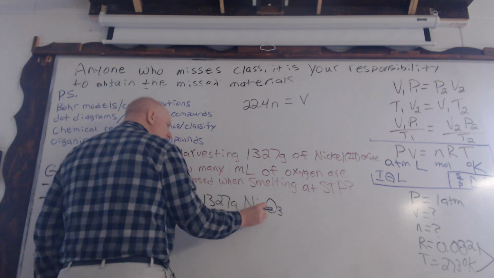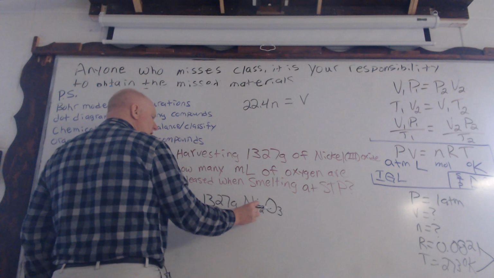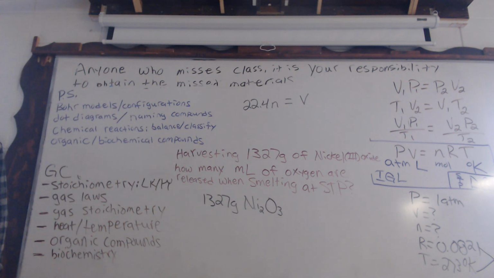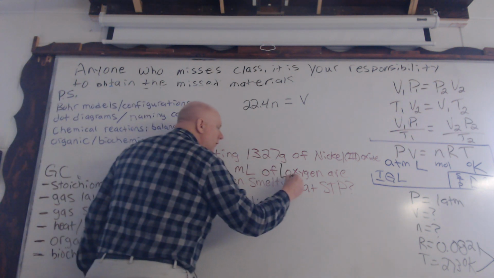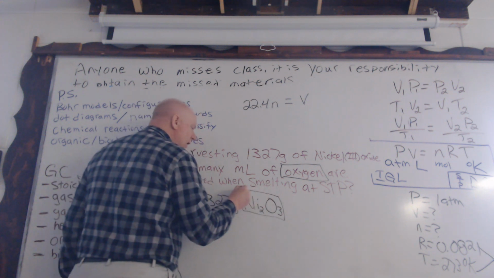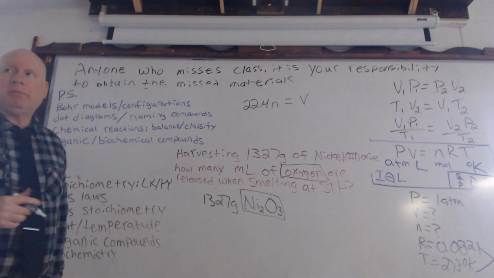But is there a problem with just converting that to moles? Yes, there is. Because what are we really looking for? This is what we have right now, so that presents a problem.